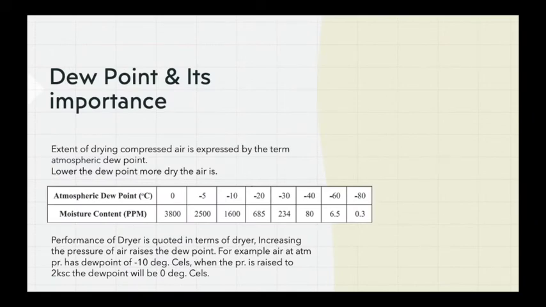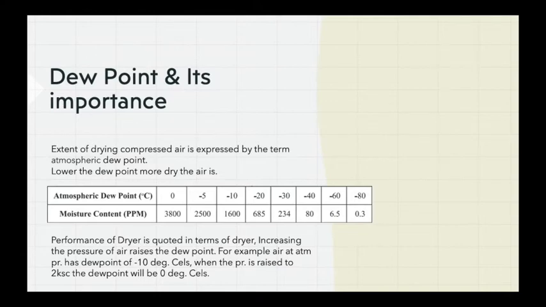So how to measure the amount of moisture present in compressed air or any atmospheric air? In order to measure the amount of moisture present in any air, we use a term called dew point. The lower the dew point, the lower the percentage of moisture in a system.